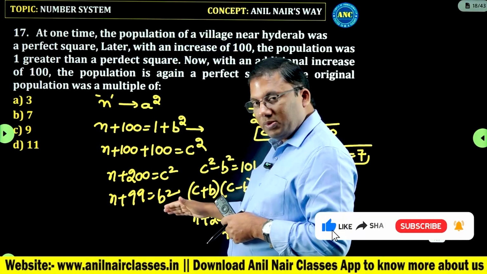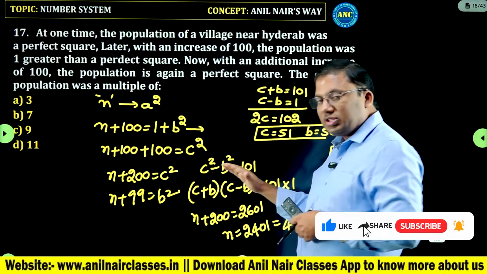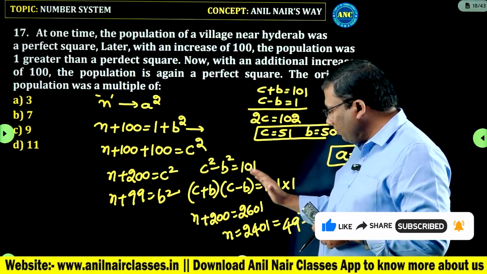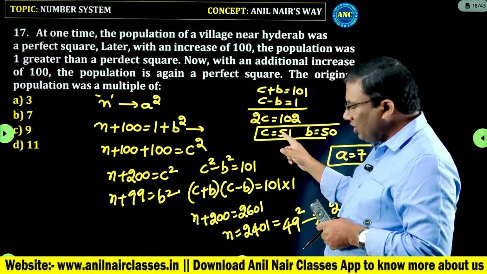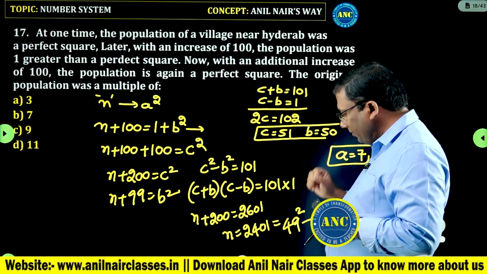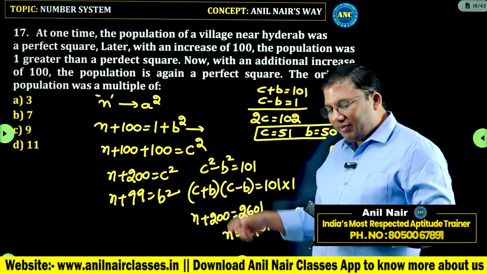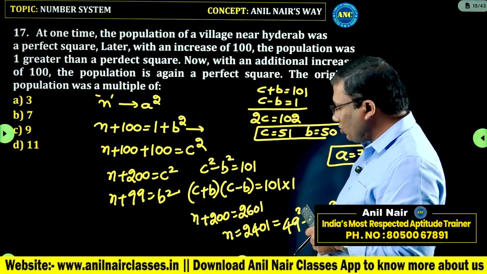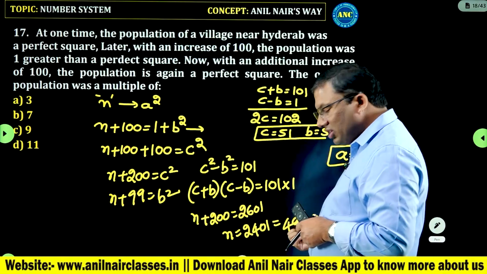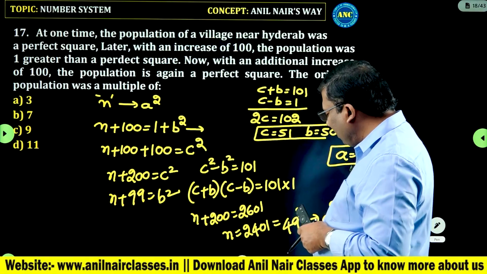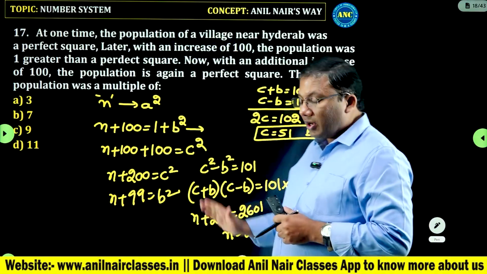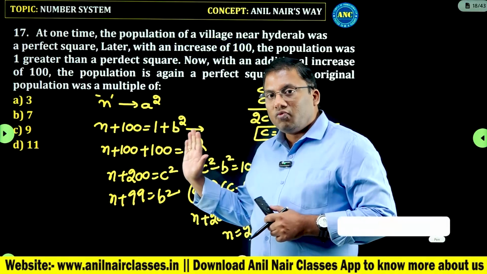C square minus b square is 101, c plus b into c minus b is 101 into 1. From this we got the value of c as 51 and b as 50. If I substitute 51, n plus 200 is 51 square, n will be 2401 which is 49 square. So the value of a is 7. I hope the concept is very much clear.